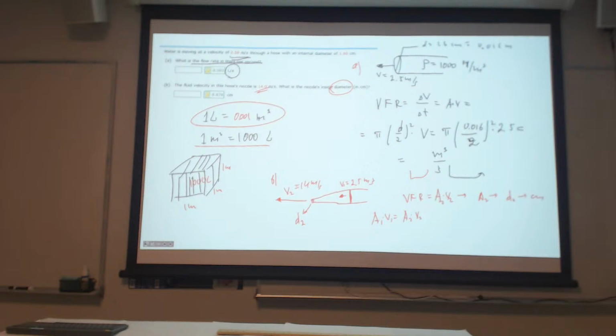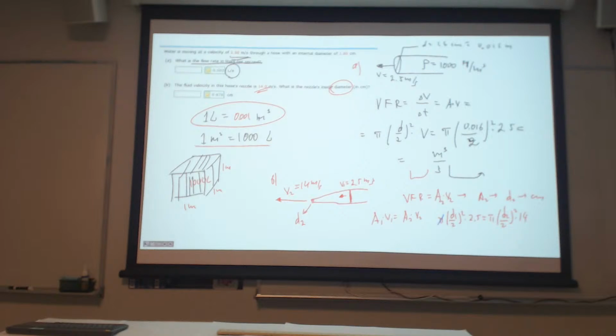So that means pi diameter 1 over 2 squared times speed number 1 should be equal to pi diameter 2 over 2 squared times speed number 2.